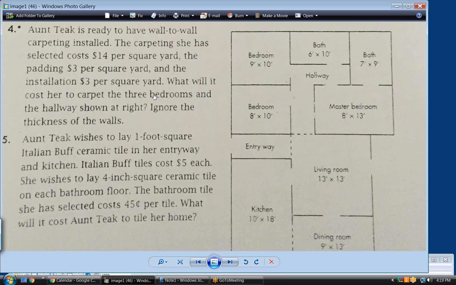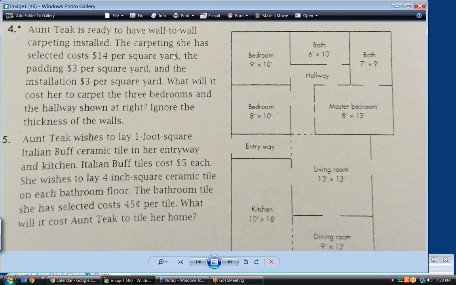Let's see. 4 really is not going to be that hard. 4 is a carpeting problem, which means 4 is only about the area of each of these rooms and hallways and bedrooms. Right? Okay. So the problem on 4 is going to be calculating the area of each room.